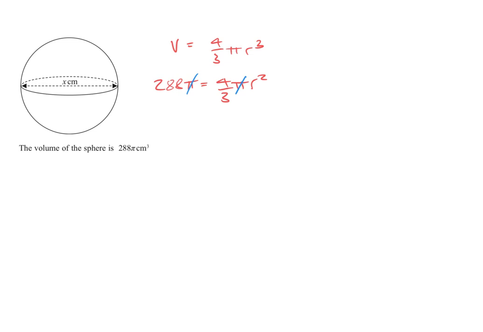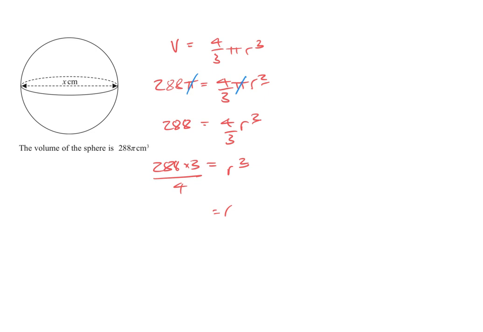And we then will have 288 equal to 4/3 r cubed. Multiply both sides by 3, 288 times 3, divide both sides by 4, and we get the value of r cubed.